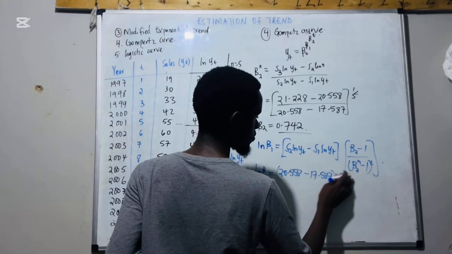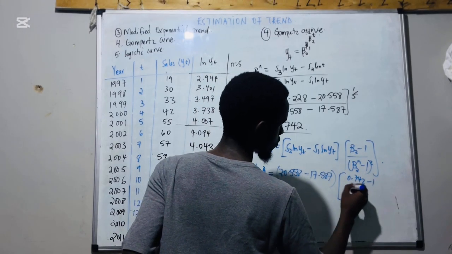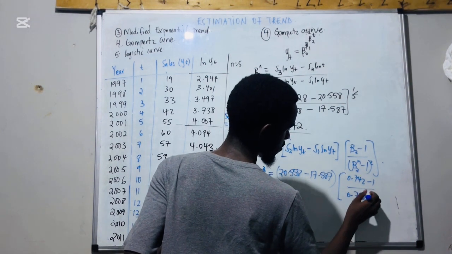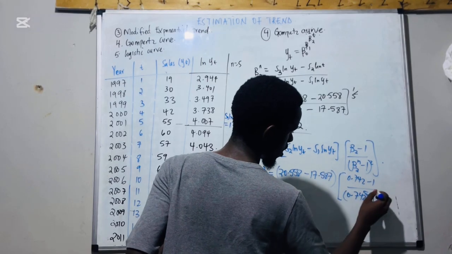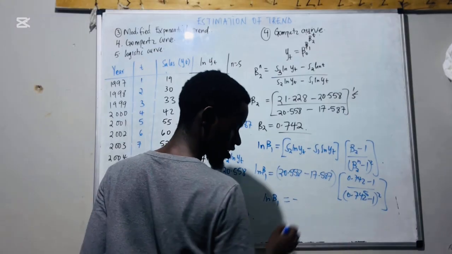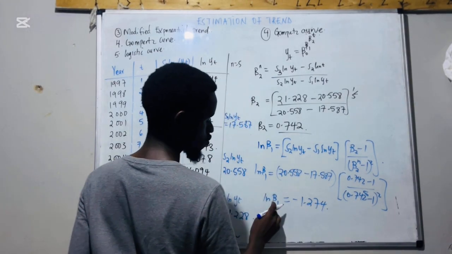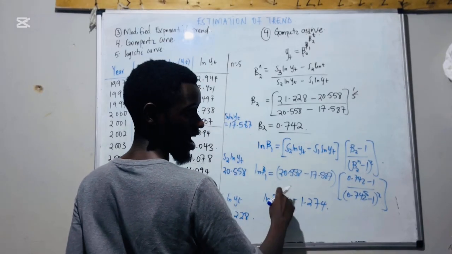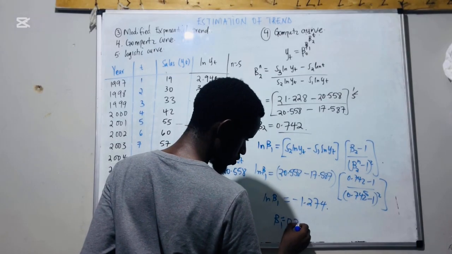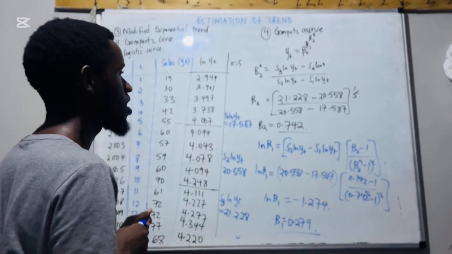Then times my beta 2 as 0.742 minus 1 over 0.742 power n, n is 5, then minus 1, everything squared. Then from here, my ln beta 1 is the same thing as having negative 1.274, and then therefore to have my beta 1, I take the antilog, so it will be 0.279.